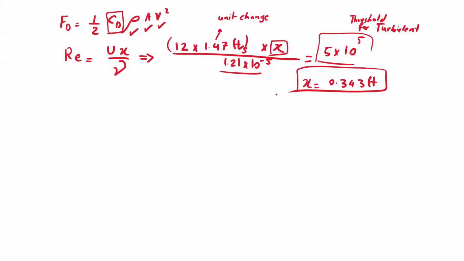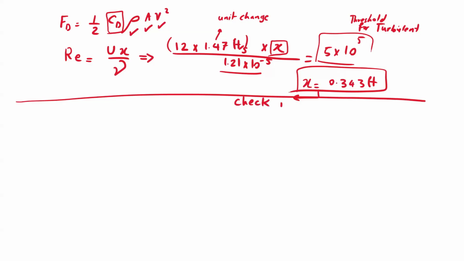All the data that you have, 1,000, 100, and the 12 feet are more than that. So you are pretty sure that you are in turbulent. So until here, I'm just checking if I am in turbulent region. And I mark that. Now I'm pretty sure that I'm in a situation of turbulence.